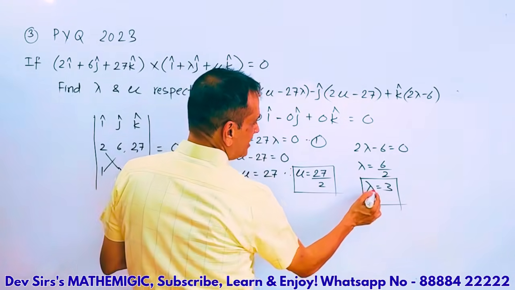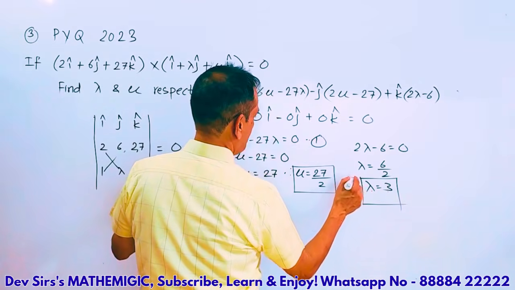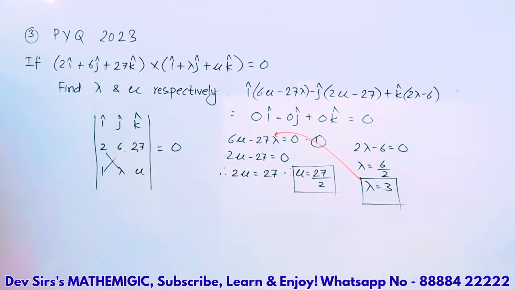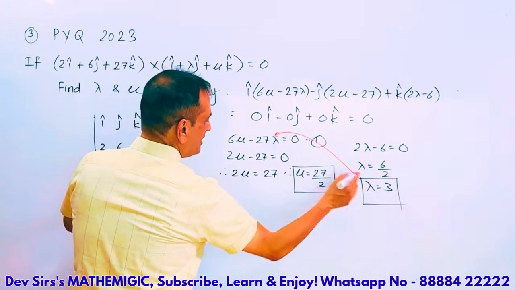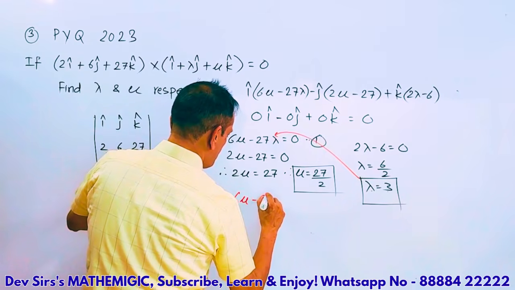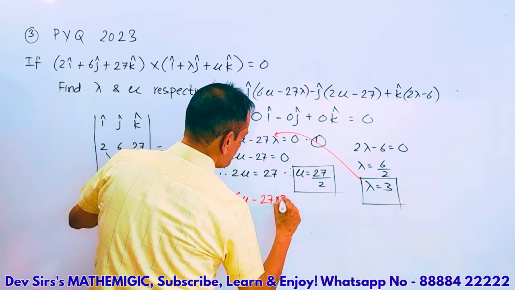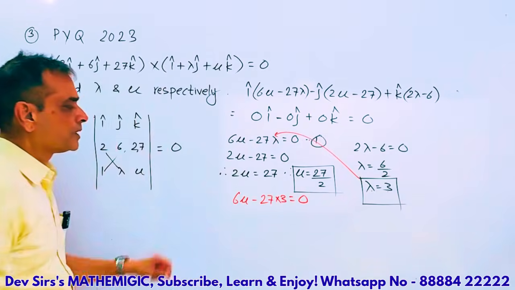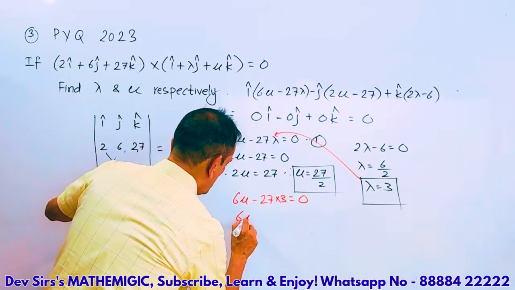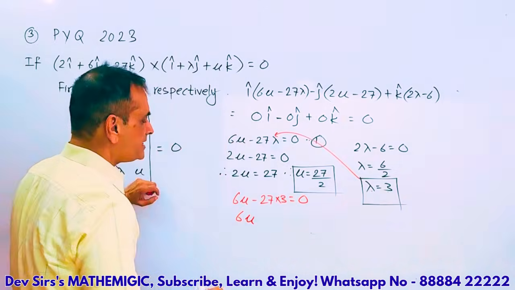Let us put this value in equation 1 here. So if you substitute the value of lambda, 27 into 3 is 81.